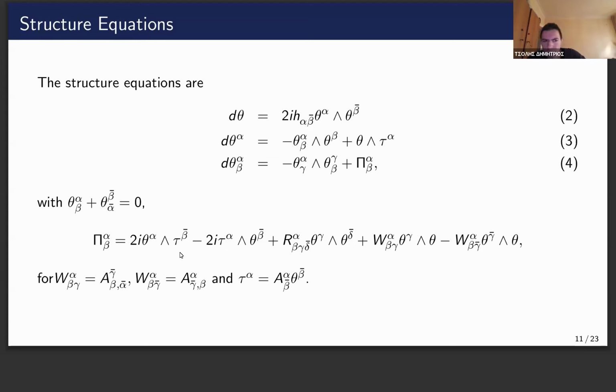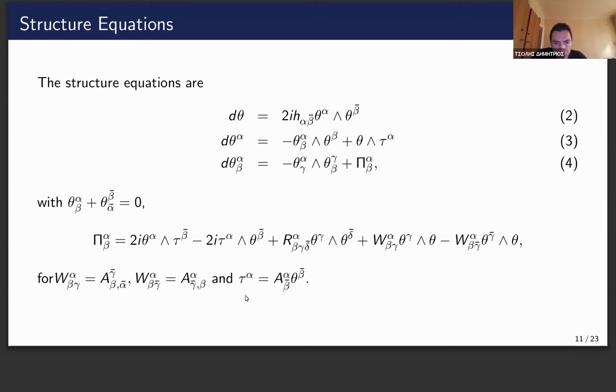Now Webster proved that this P of alpha beta is this thing here. And what is this exactly? Well, we use this W notation here for the alpha. Remember how we defined the alphas, g of t x comma y. And this is just the coefficients of this thing.